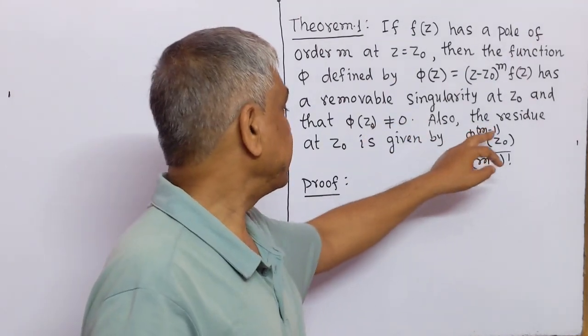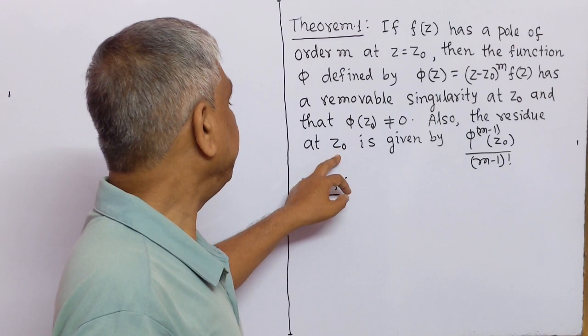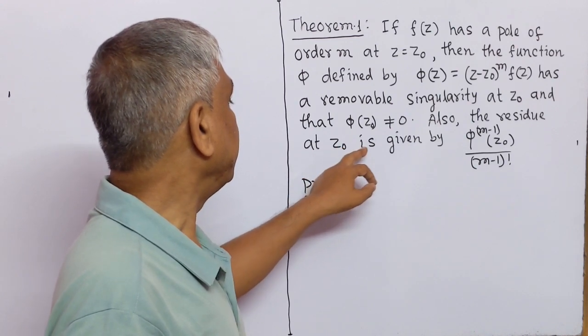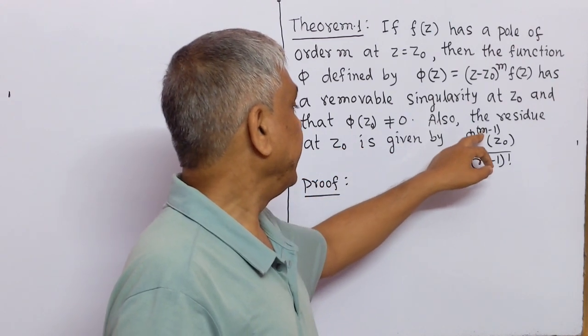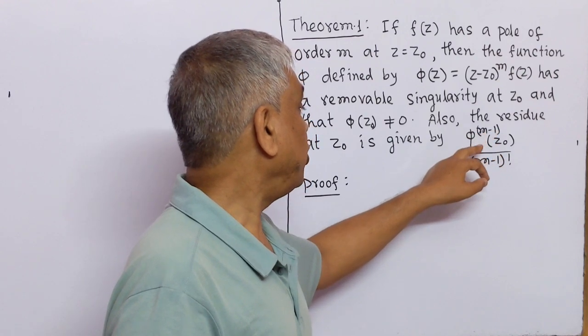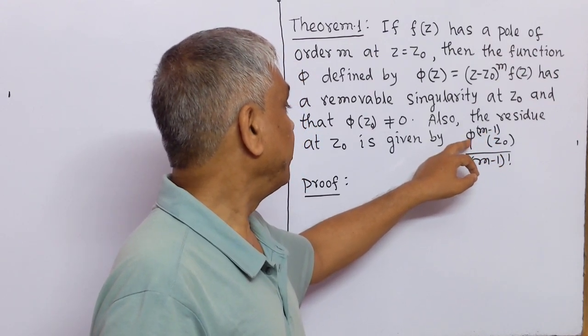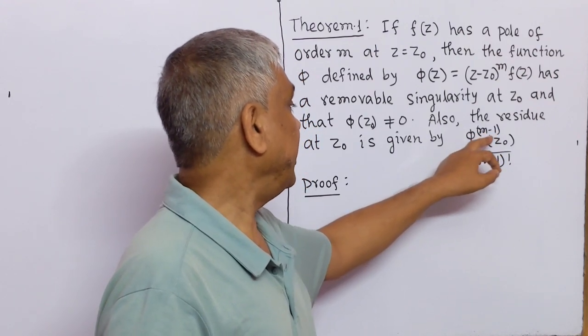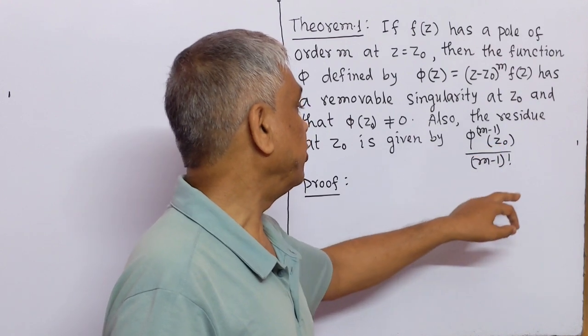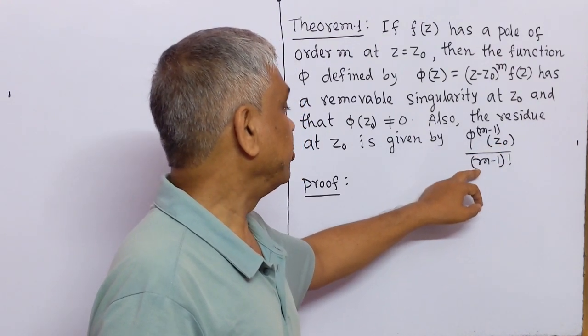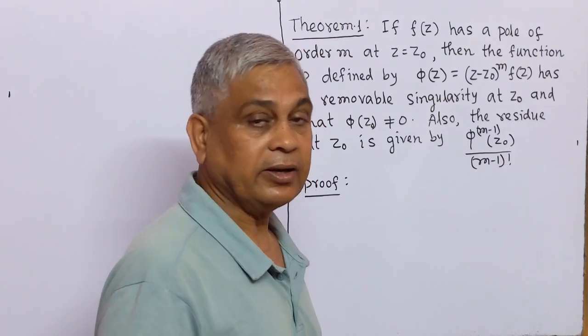Also, the residue at z equal to z naught is given by the (m minus 1)th order derivative of phi at the point z equal to z naught, divided by factorial (m minus 1).